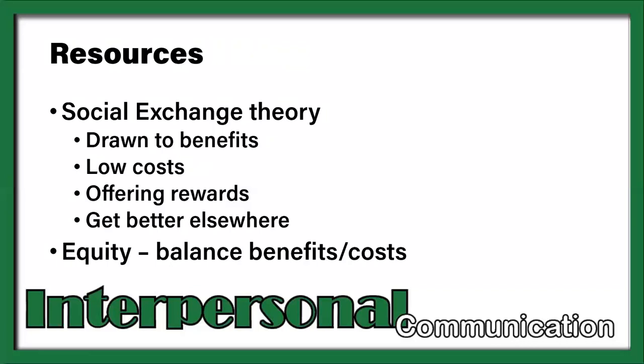It's breaking it down in an unpleasant view, but these kinds of things are going on under the radar in our brain, where we may not realize them on a conscious level. We're looking for a balance between benefits and costs, and we want those elements to be a little more equal in relation to each other.